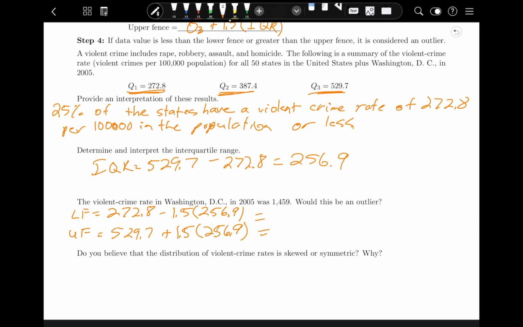We can calculate both of those. Anything outside of those fences is going to be an outlier. Anything inside those fences is not going to be an outlier. So that's negative 112.55.